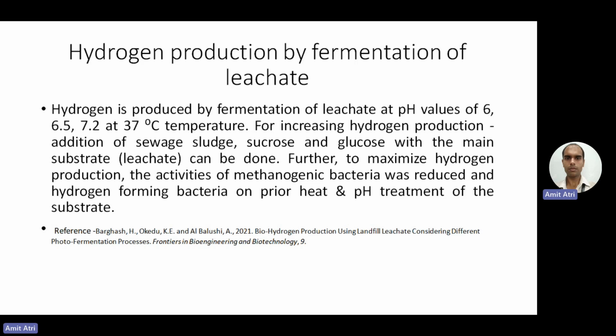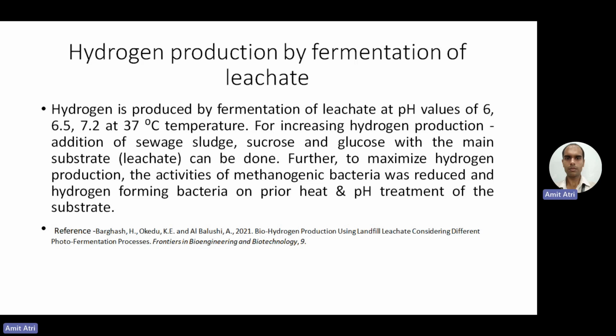At these values the fermentation was carried out and hydrogen was produced. Hydrogen production was increased further by adding sewage sludge, sucrose, and glucose with the main substrate, which is leachate in this case.